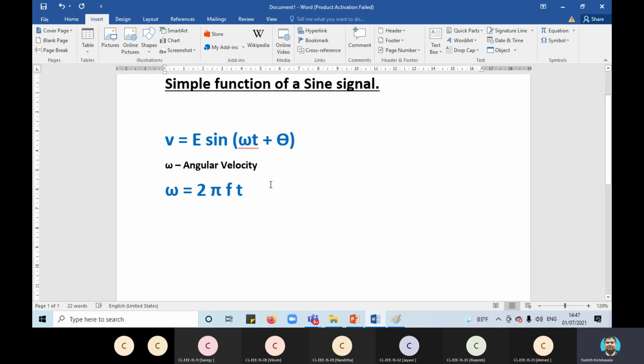Therefore, we can again replace this omega here. Sorry, omega is 2 pi f, right? Not t, 2 pi f. We are going to replace it with 2 pi f.